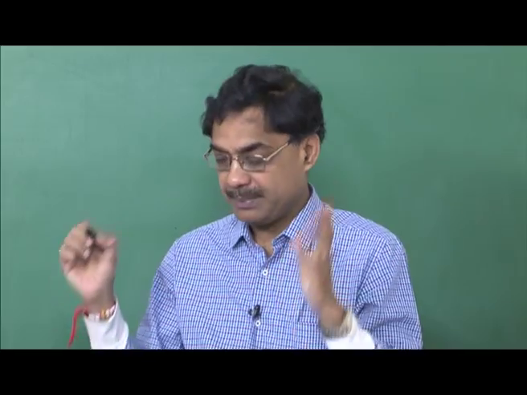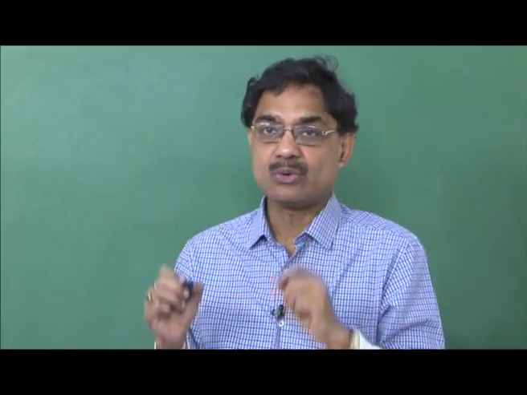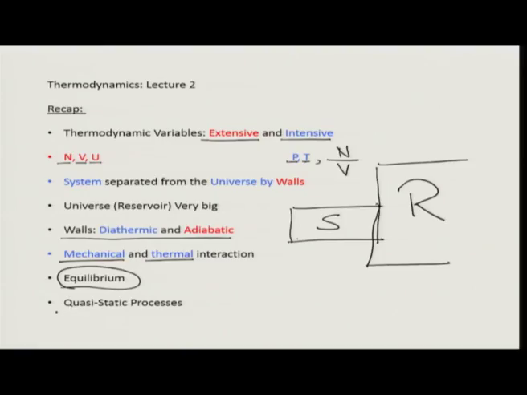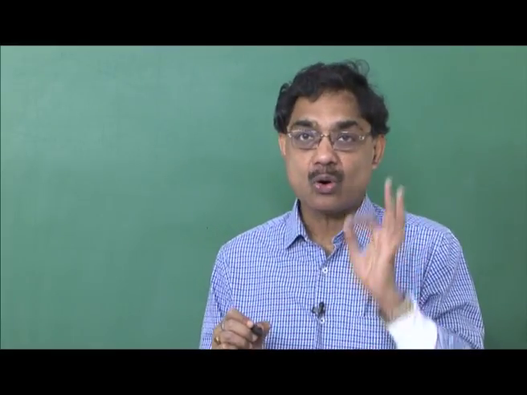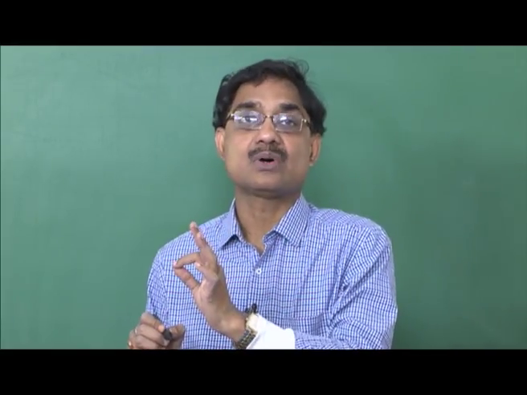not depend on time. To maintain the equilibrium, whatever change I make is a quasi-static change. Quasi-static change means it is a very slow change, which means it is slower than all other time scales of the problem.